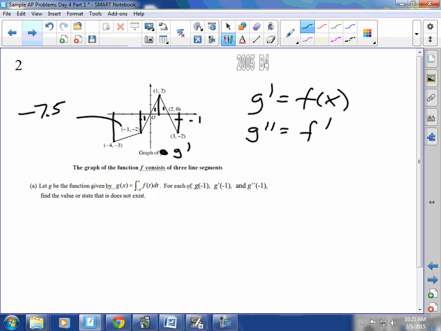Next, let's do a couple of quick sign tests. My interval goes from -4 to 3.